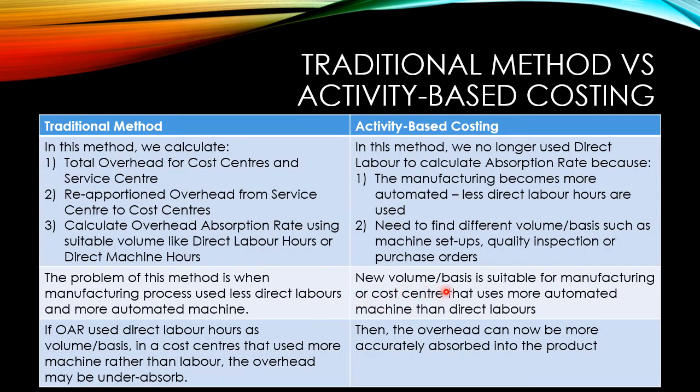The new basis of absorption is suitable for manufacturing or cost centers that use more automated machines than direct labor. Therefore, the overhead can now be more accurately absorbed into the product.